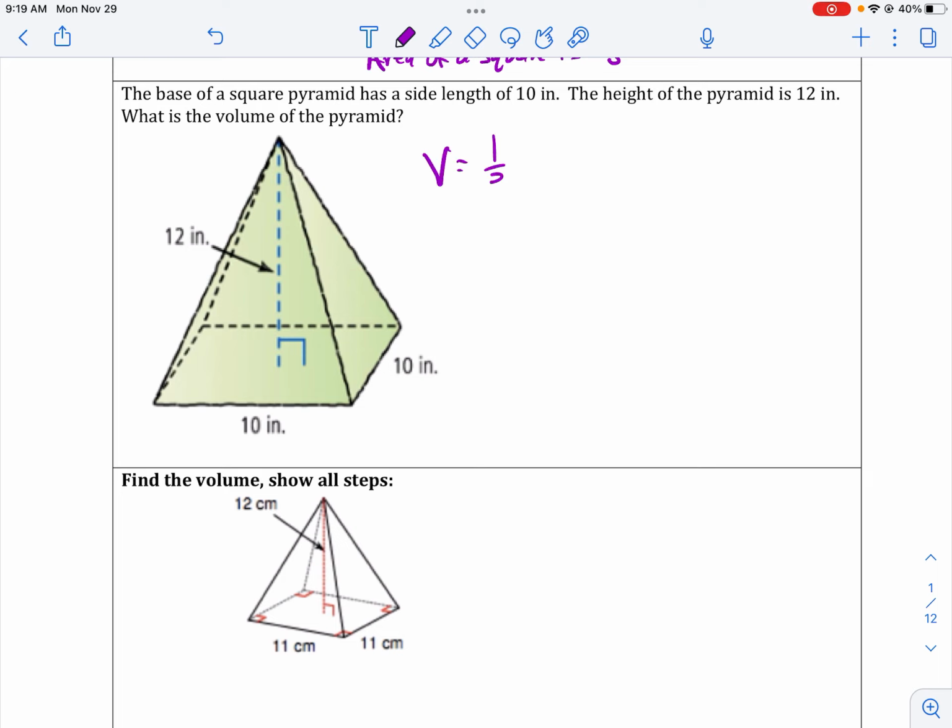So I'm going to write volume equals 1/3. Now my area of the base, which is 10 squared, because it's a square, side squared, the side length is 10. And then I'm going to multiply it by the height of 12. So we have 1/3 times 100 times 12.